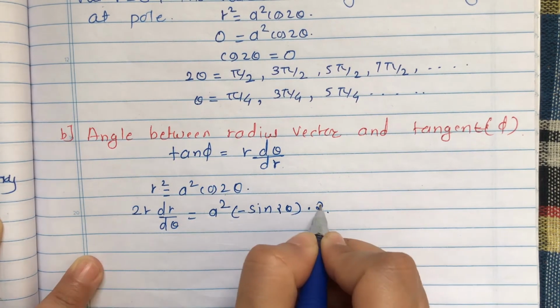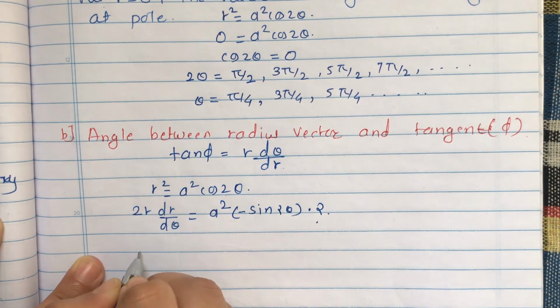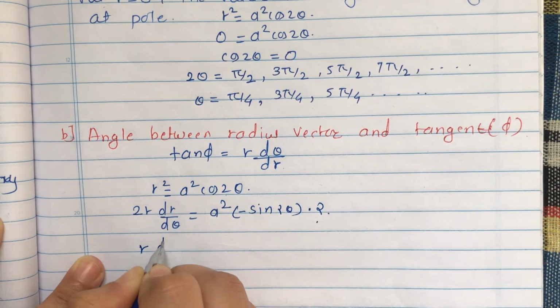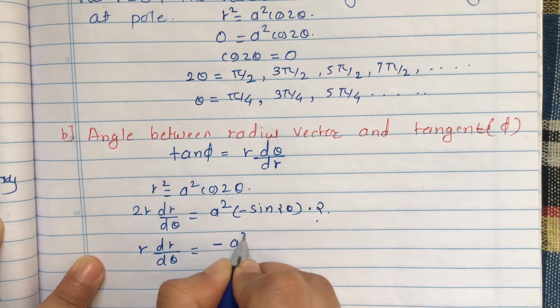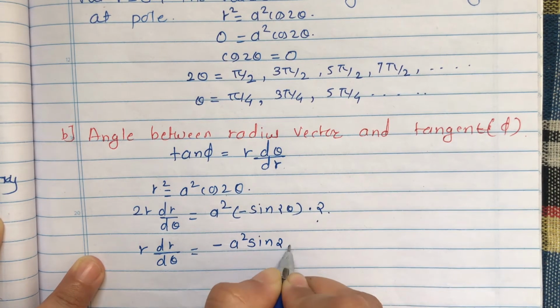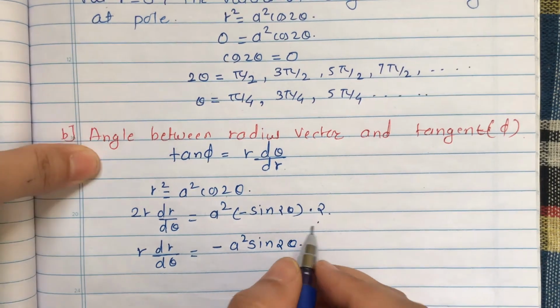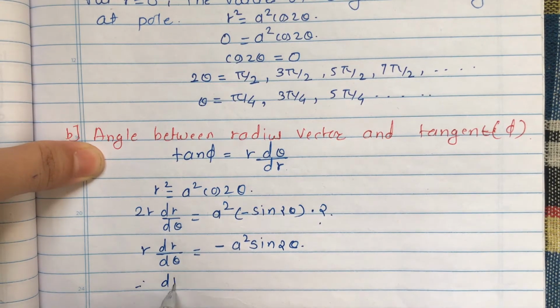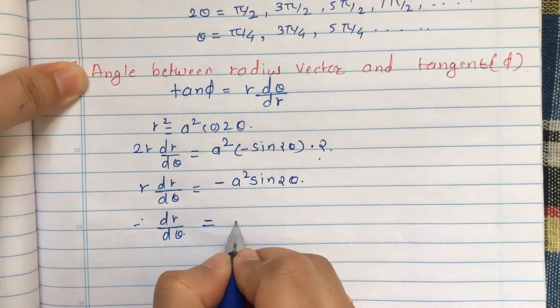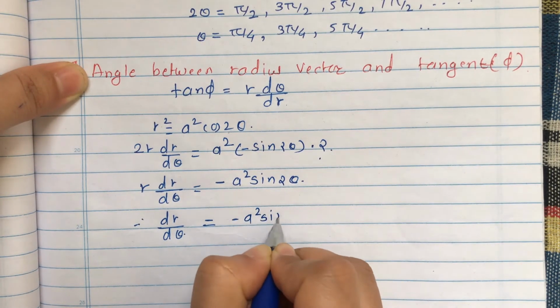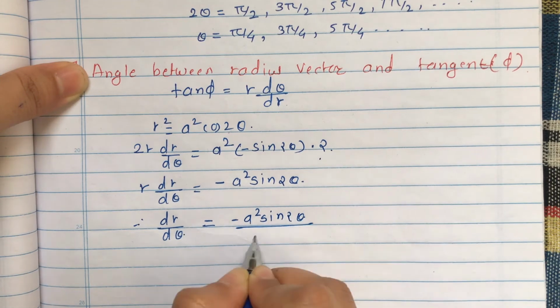So this 2 gets cancelled. There remains r into dr by d theta is equal to minus a square sin 2 theta. So dr by d theta is equal to minus a square sin 2 theta divided by r.